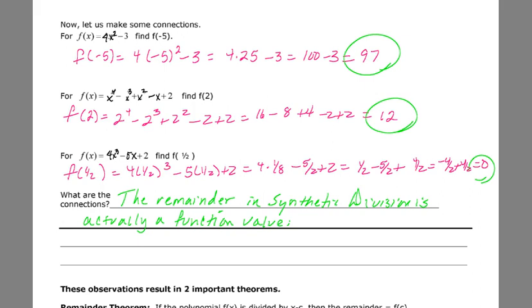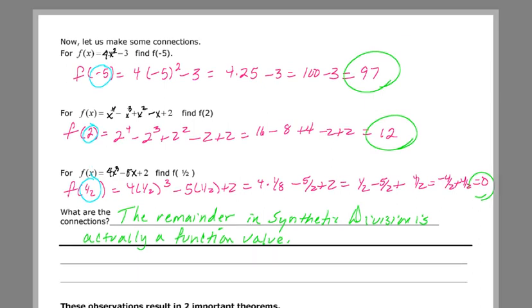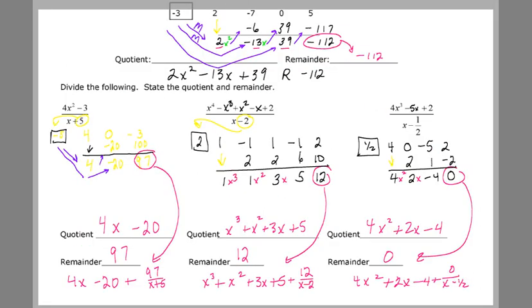Now let's also make a connection about this number that we have here. Notice I plugged in a -5, plugged in a 2, plugged in a 1/2. And on the previous page, those were the numbers in my box. A -5, a 2, a 1/2. Same numbers in the box.